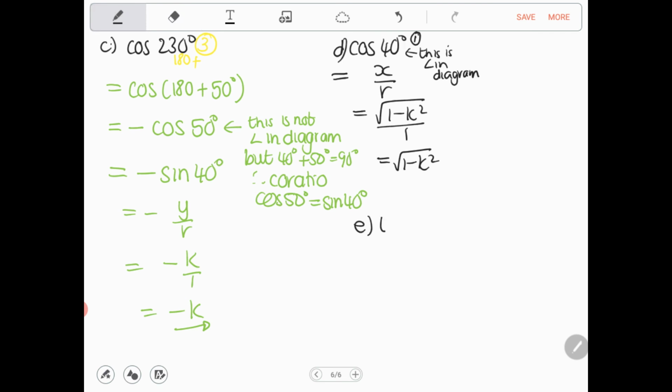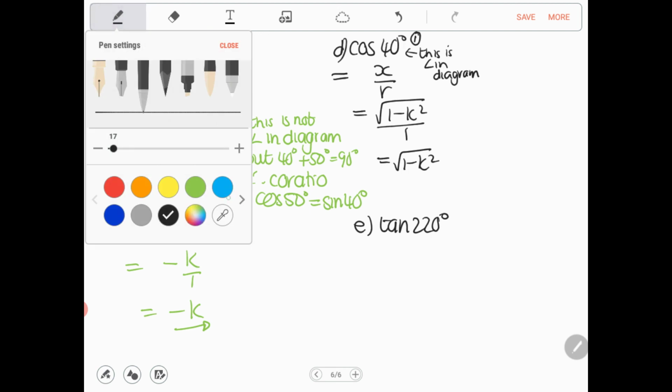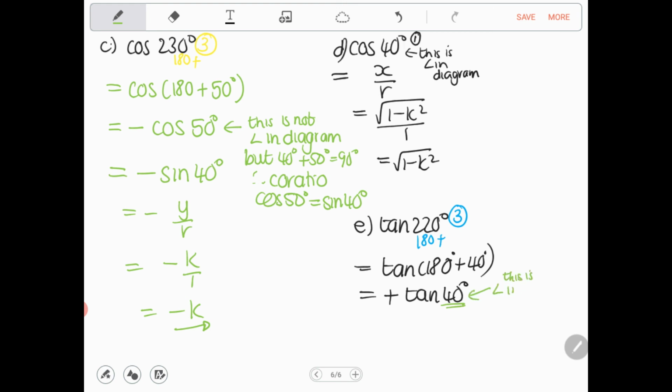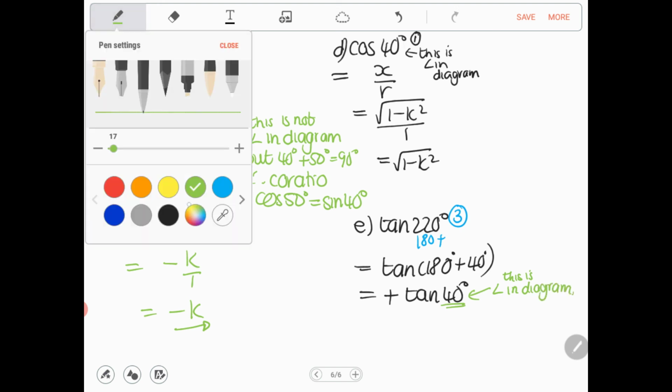And then finally, tan 220. We need to reduce it. Quadrant 3, so it's 180 plus. So it's going to be equal to tan of 180 plus 40, positive tan 40. This is the angle in the diagram, so I can use my x, y, and r to replace it.